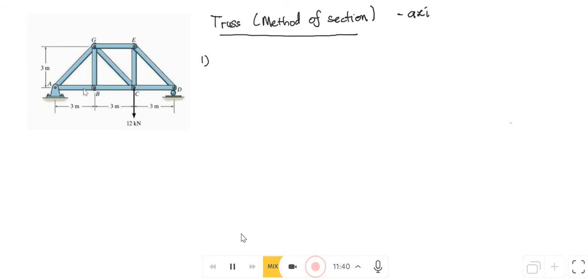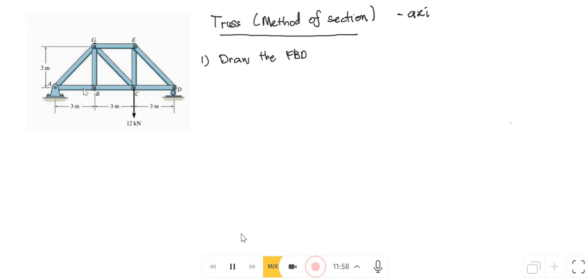So now we are starting to calculate, but of course the first step to solve this problem is to draw the FBD for the whole structure. So we have to draw the FBD for the whole structure.